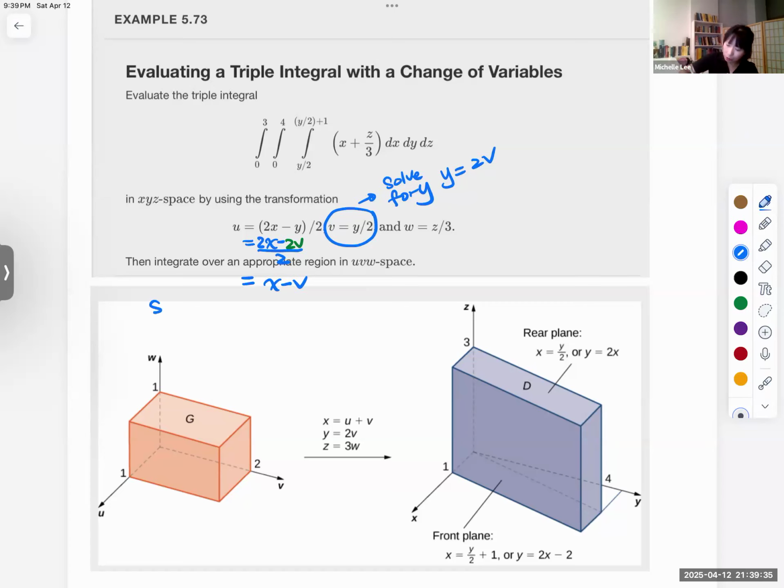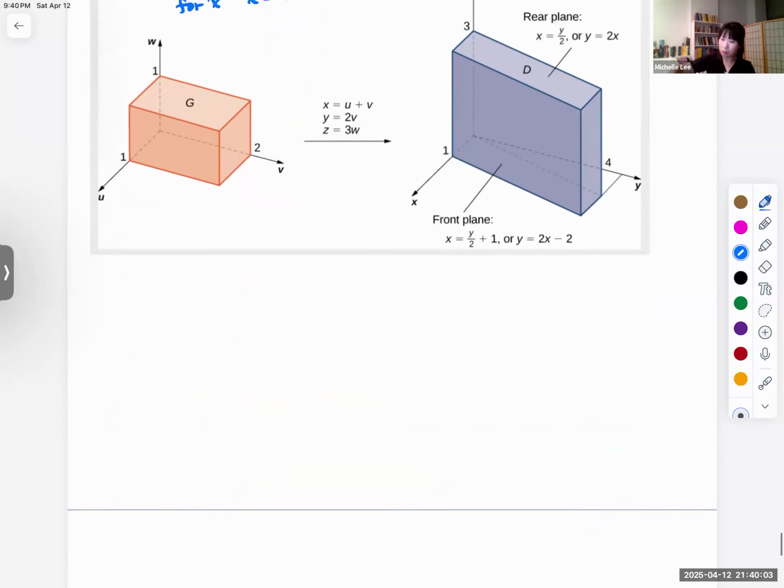Then we want to solve for x, then x equal to u plus v. How about the z here? Solve for z. So we have z equal to 3w, right?